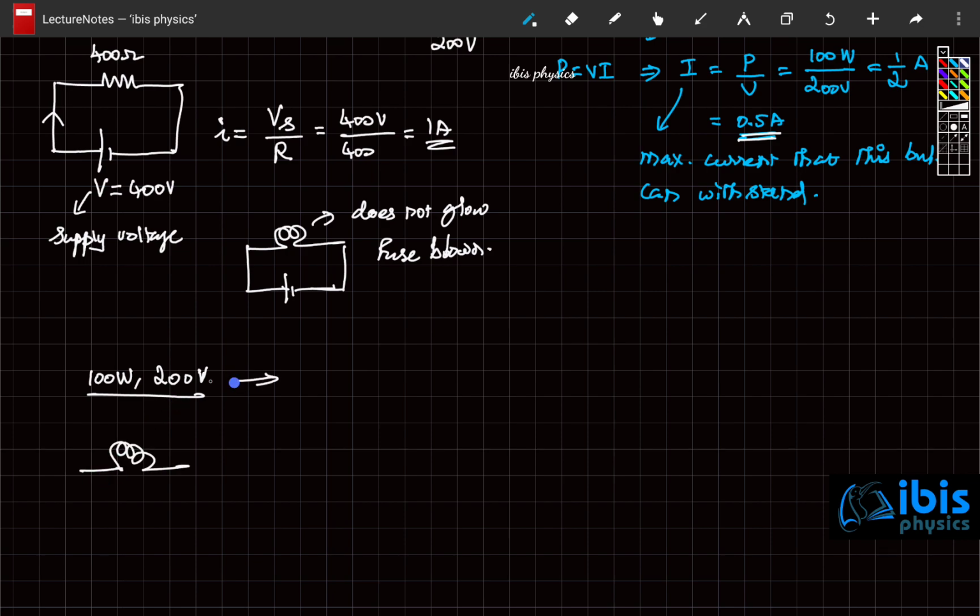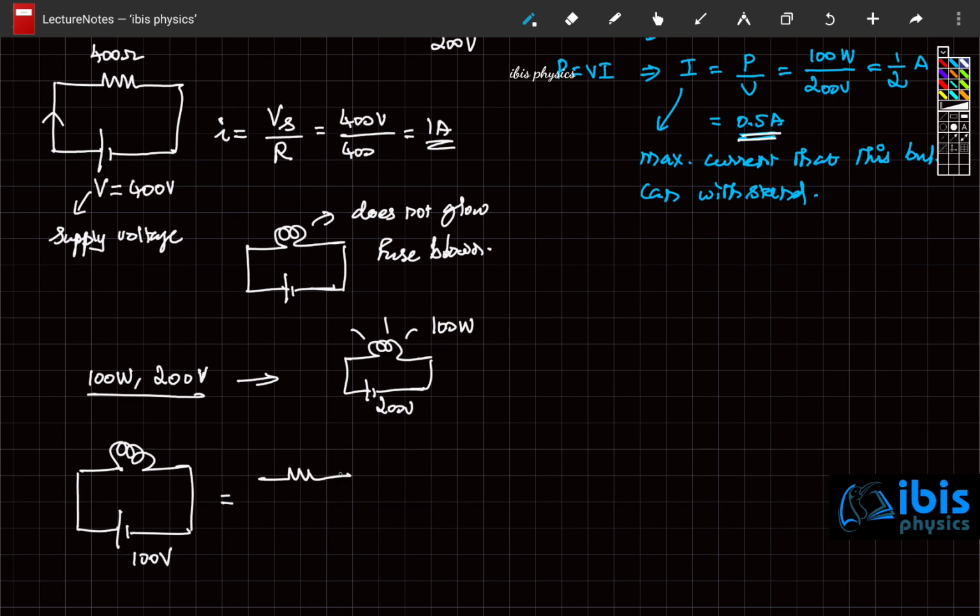If this bulb is connected across 200 volt, which is the design voltage, then it is supposed to be consuming the design power of 100 watt. Now you are reducing the voltage to half of it. So when it is connected to a 100 volt battery, how much power will be consumed?